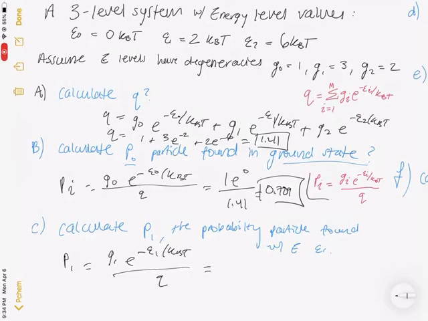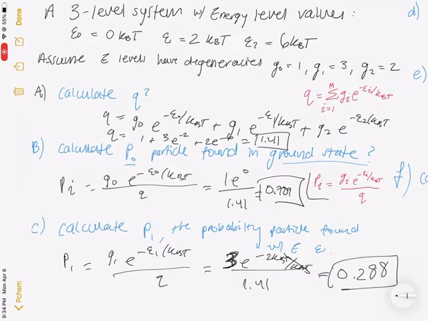So g1 is 1, e to the negative E1, which is 2 kBT over kBT, which you cancel out, all over the partition function of 1.41, which we already calculated. Oh, wait, never mind. g1 is actually equal to 3, which would give you 0.288. Just make sure you substitute in the values correctly.